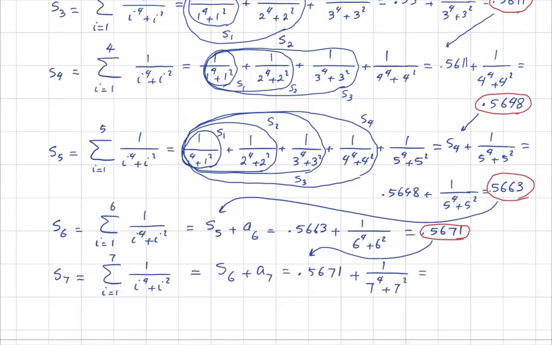Okay, let's take a look at our calculator here. Your S sub 7 is 0.5675.